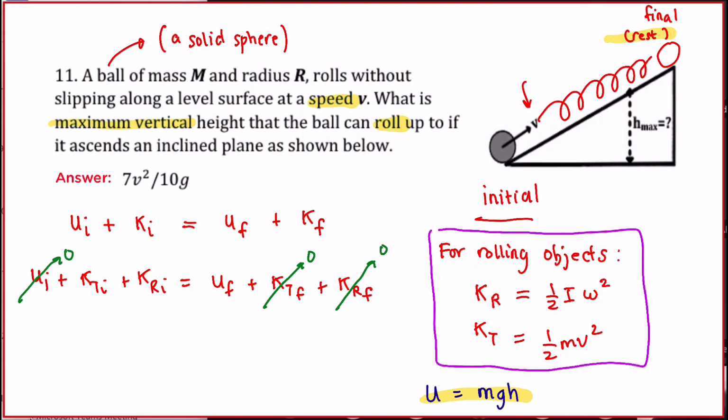Yes, Haza? Because if it's another shape, the moment of inertia will change. Very good. Since this is a solid sphere, what is the moment of inertia of the ball? I is equal to, where can we find that information?